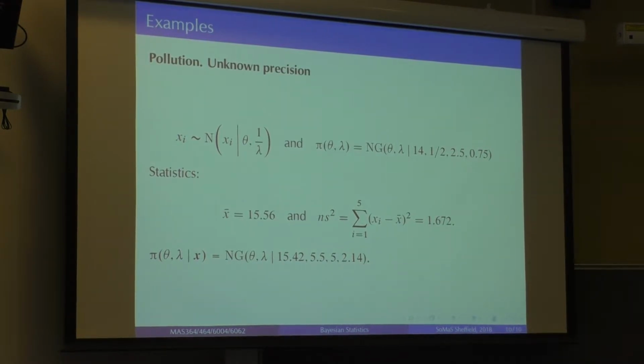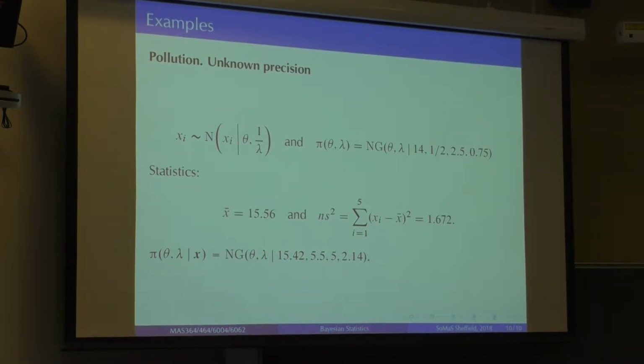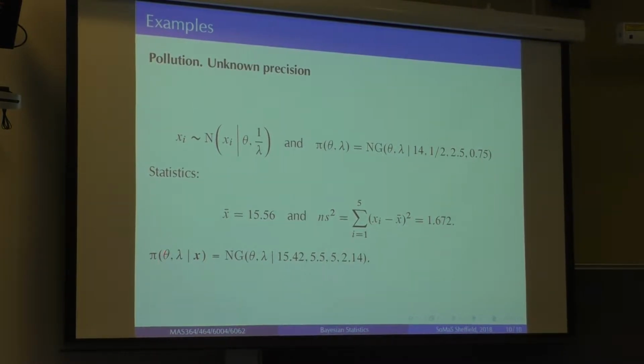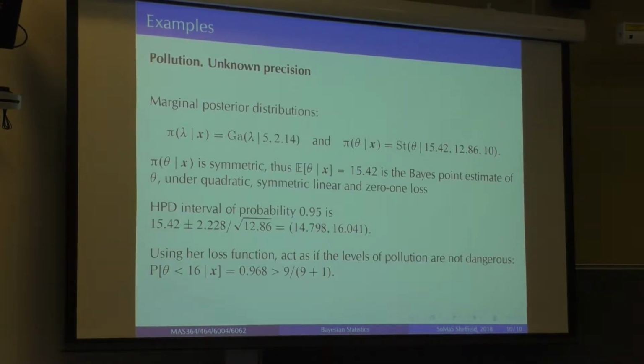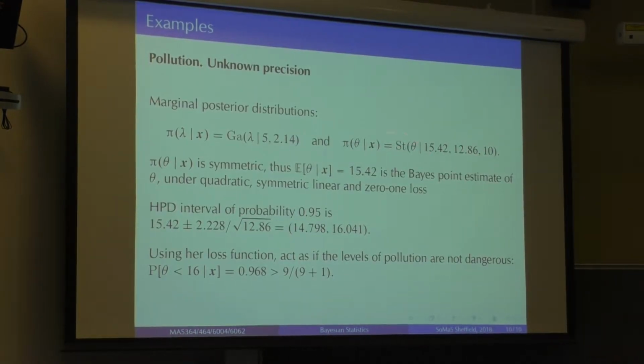In this case, the quantity of interest will be theta, the mean. And also in the lecture notes and in your handouts, you can see that if you have a normal gamma distribution, the marginal distribution of the mean is a Student t with parameters that depend obviously on the parameters of the prior, and you have those relations in your handouts, so you don't need to learn them.